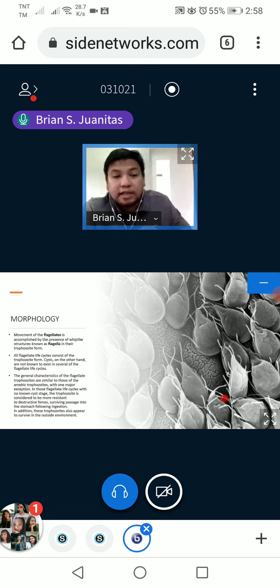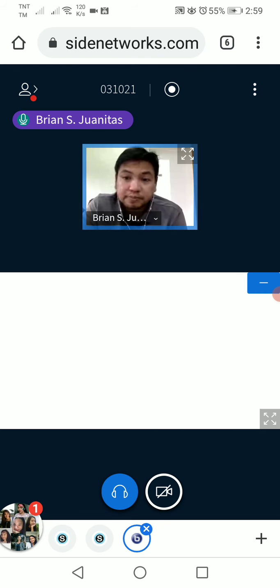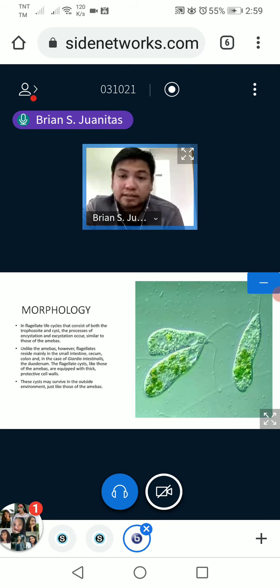Sa case ng flagellates class, may ibang flagellates wherein masyadong matibay ang mga trophozoites nila. They are resistant to destructive forces like the acid in the stomach or any enzymes in the stomach or even the harmful outside environment. Okay? So in addition, these trophozoites also appear to survive the outside environment. So nabubuhay sila sa labas. Okay? So nag-evolve din yung kanilang stage.